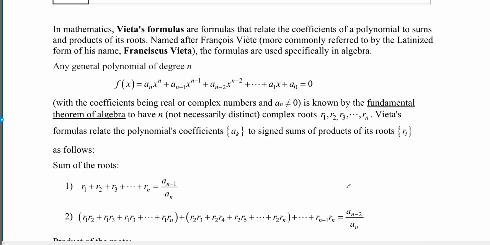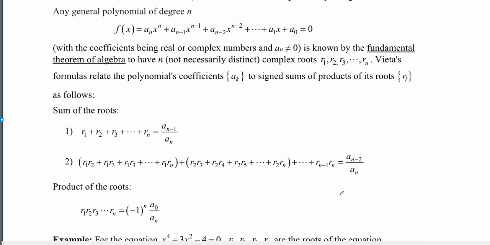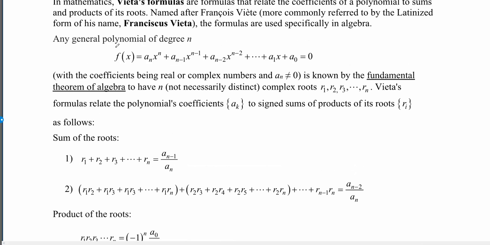When you have the roots, okay, when you generally have a polynomial equation over here, this is a leading coefficient, this is second leading coefficient, this is a descending order, okay? Already when you arrange in descending order, this is a constant, okay?